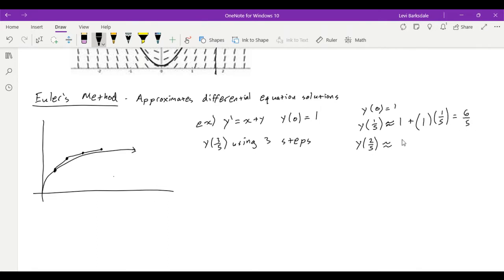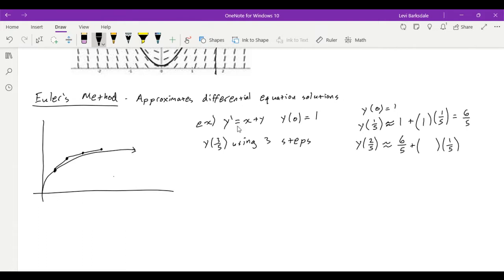And our starting value that we start from now is our previous one, 6/5. Then we add our slope times our distance over. Again, our distance over is going to be 1/5 because we're stepping from 1/5 over to 2/5. The distance between that is 1/5.